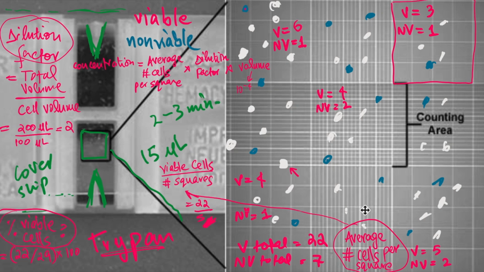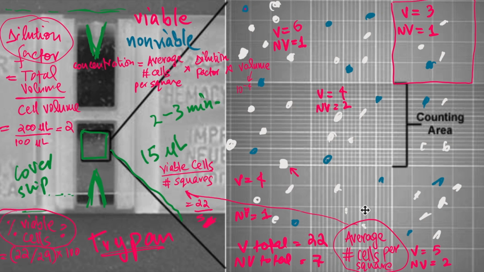Average number of cells per square would have units of cells, right? Because we're counting cells. And the volume is essentially microliters, but microliters is in the denominator because it's the volume for one square.